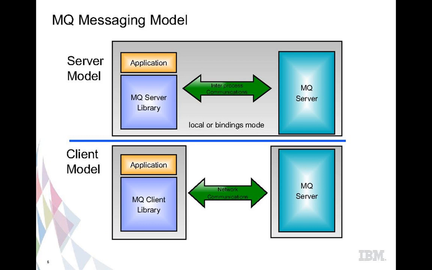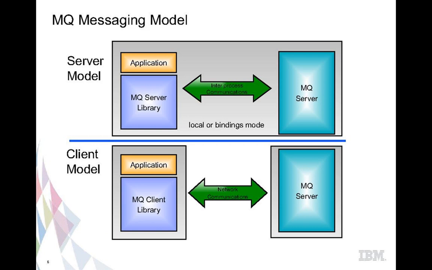So we have two messaging models from MQ. One is the server model, where both the MQ client and server run on the same computer, and they exchange messages using inter-process communication, which we often also call the shared memory concept. And this is popularly also known as the server bindings connection mode.